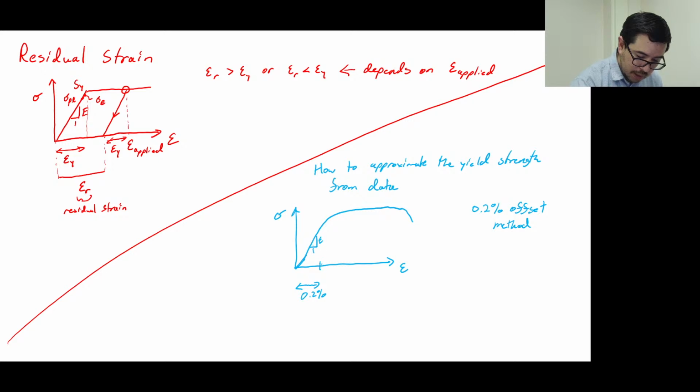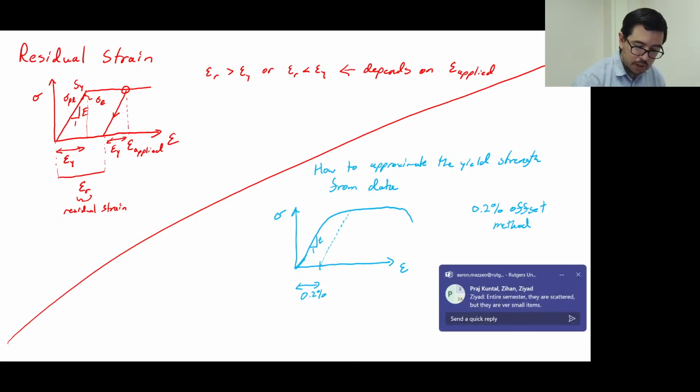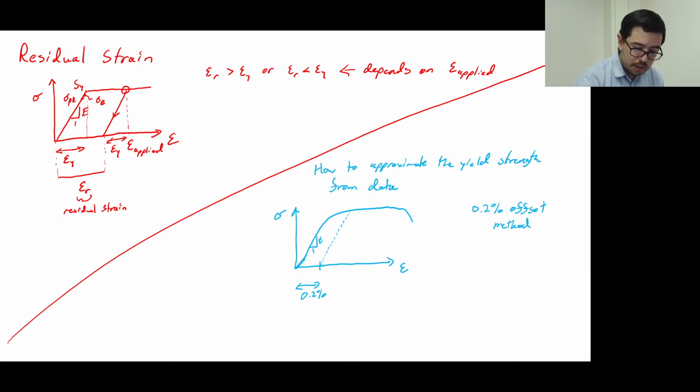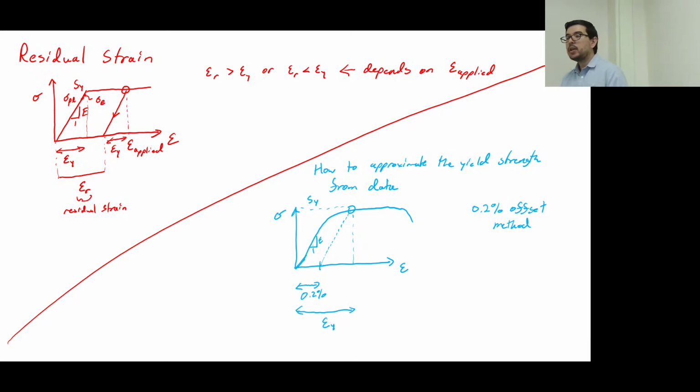We use that same slope, okay? And wherever we hit, this is now what we call the yield strength. This is what you can consider to be the yield strength.